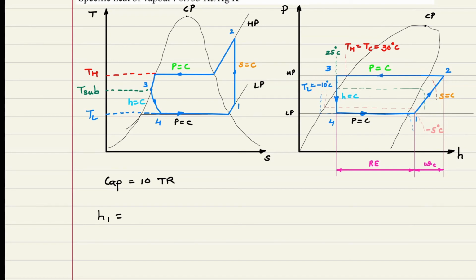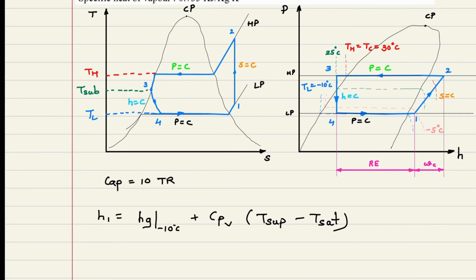Both the values are known. Now understand, even though this temperature is -5, it is superheated vapor, because this is refrigerant. So H1 will be Hg at -10 degrees Celsius plus Cp of vapor times (T sup minus Tsat).